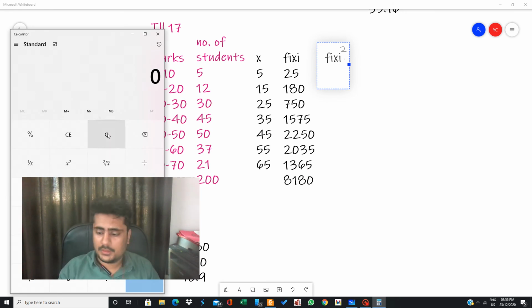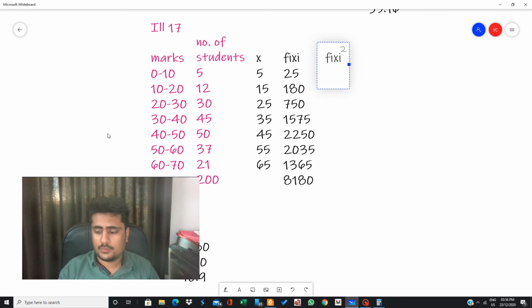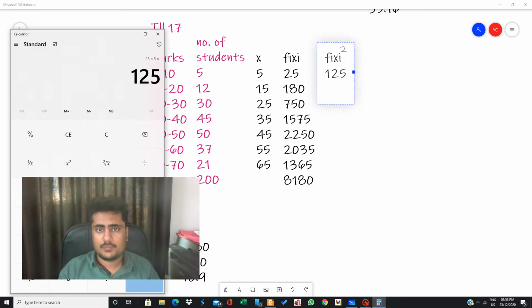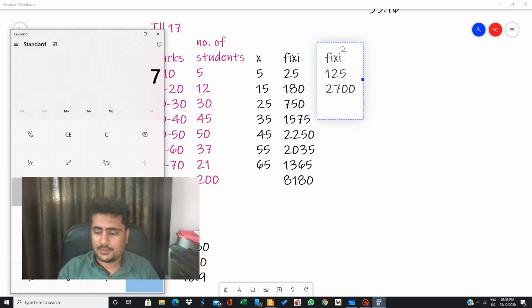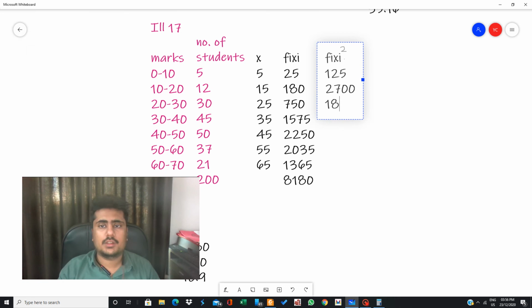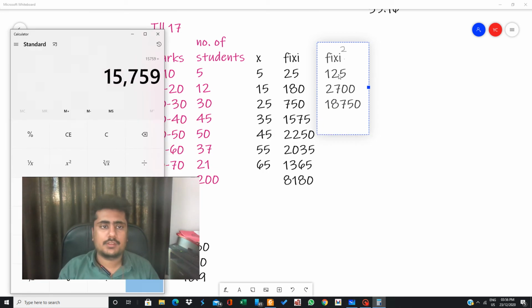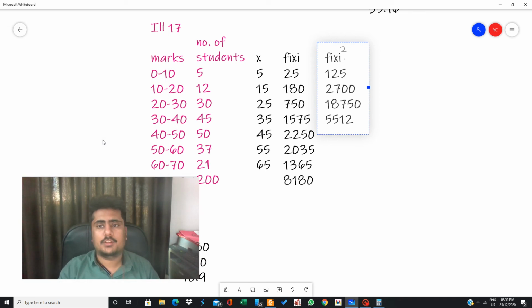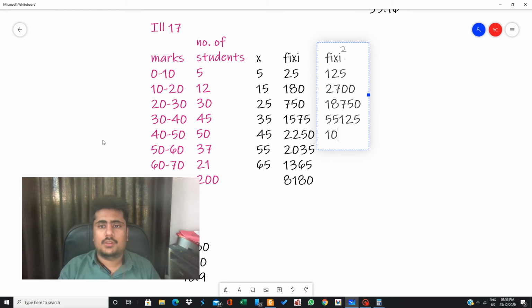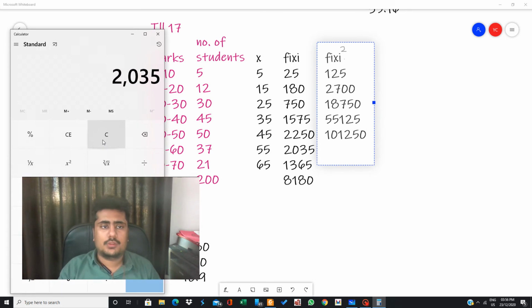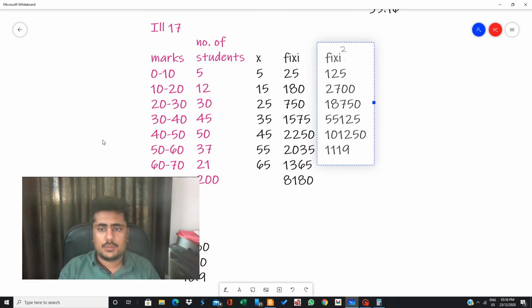It's 25 into 5. It's 180 into 15, it's 2700. 750 into 25. 1575 into 35 is 55125. 2250 into 45 is 101250. 2035 into 55 is 111,925.